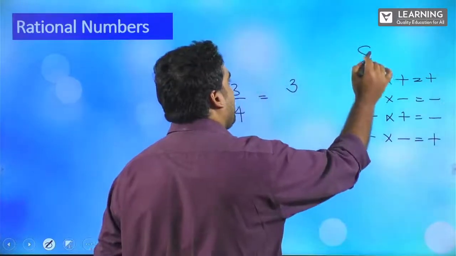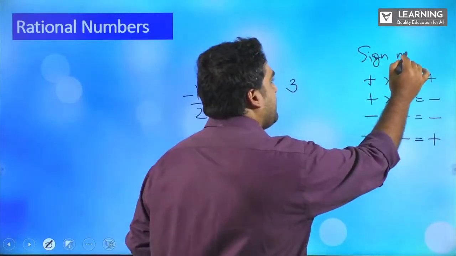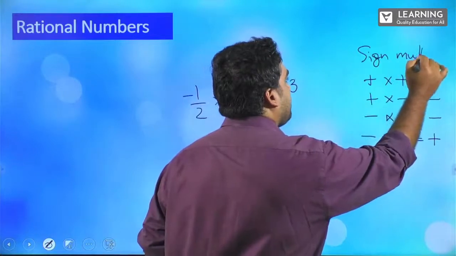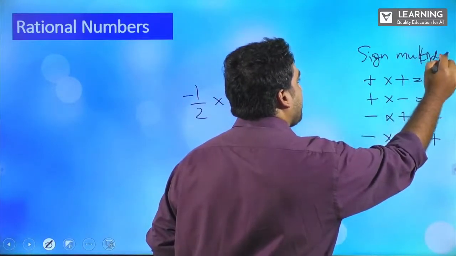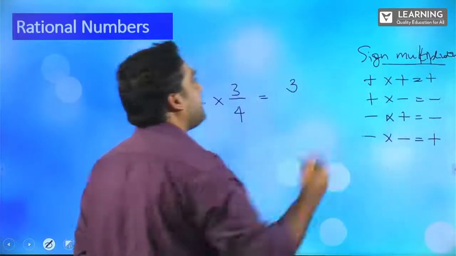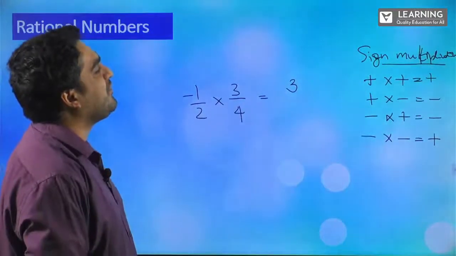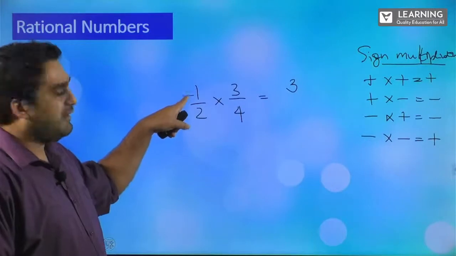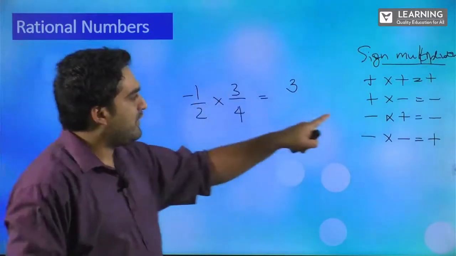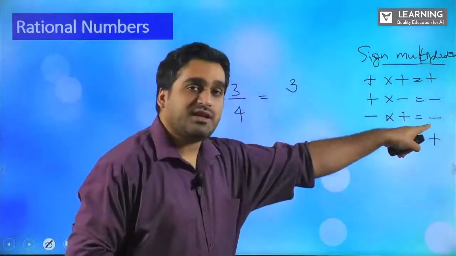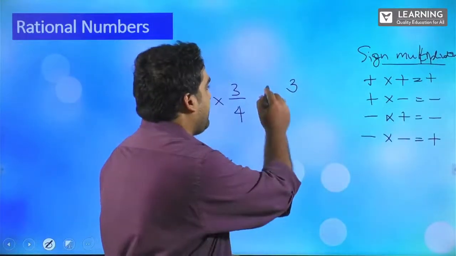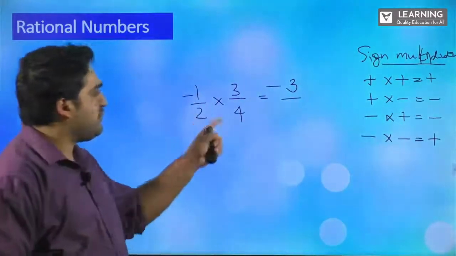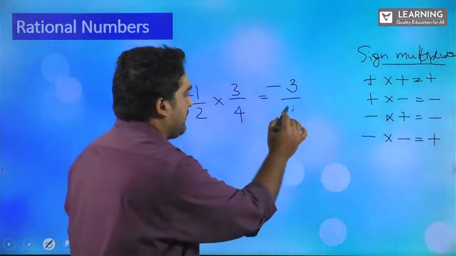So these are what are called sign multiplication. Okay, so I hope you get it. So you have negative times positive. Negative times positive, sign multiplication, is negative, by 2 times 4 is 8.